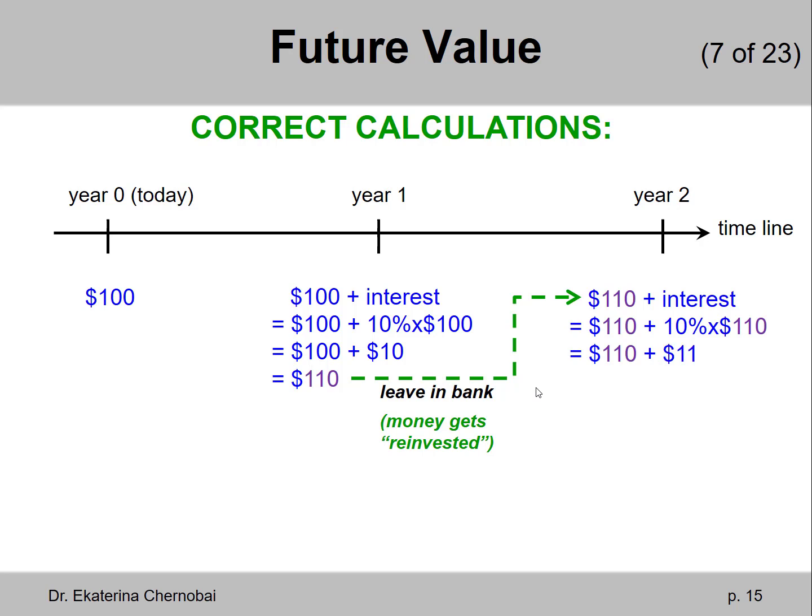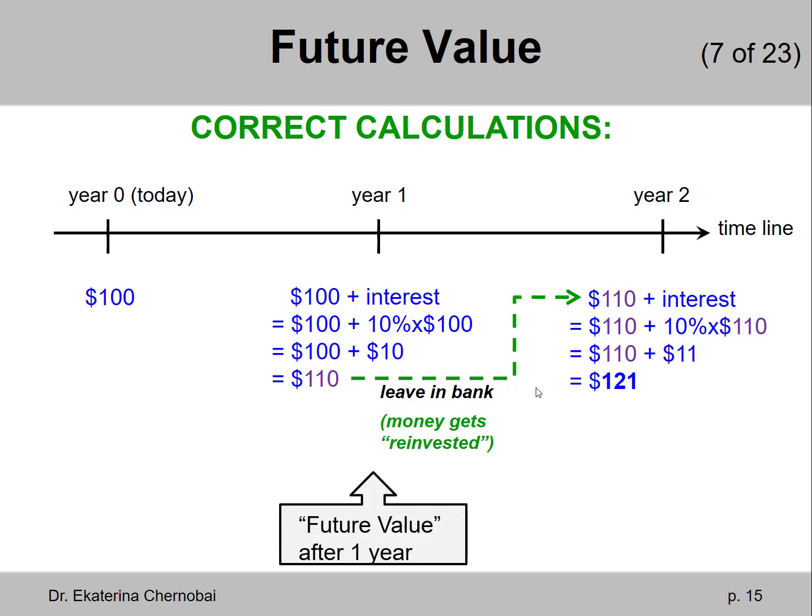That gives you $110 plus $11 in interest, and that adds up to $121. So $100 today, $110 in 1 year, that's the future value after 1 year, $121 in 2 years, that's the future value after 2 years.